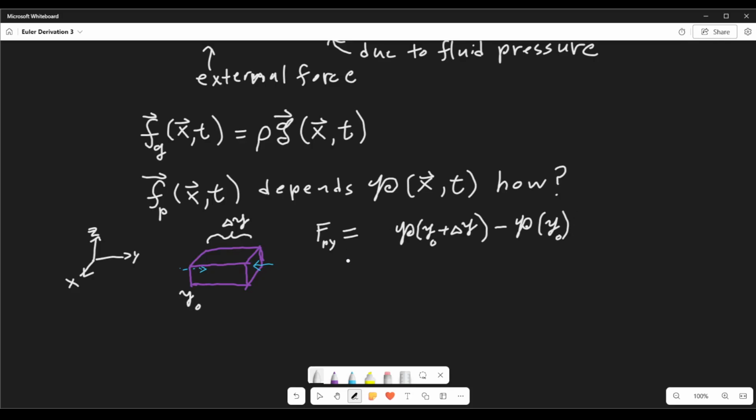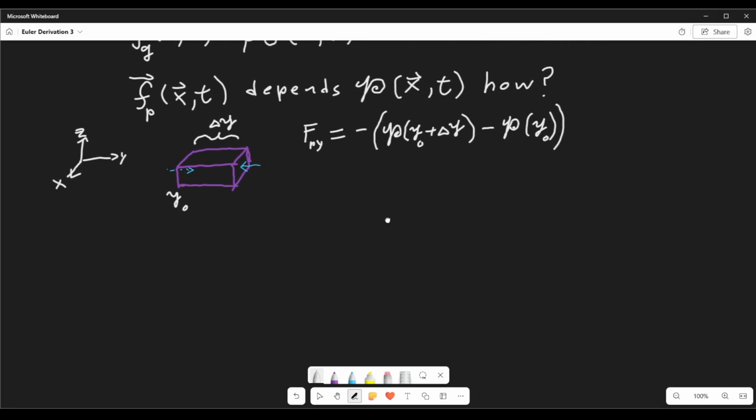And overall, if the pressure at y naught was 0, then the force would be going in the negative direction, so there's an overall negative sign in front of this whole thing. So that is basically the net force due to pressure on this little element in the y direction.